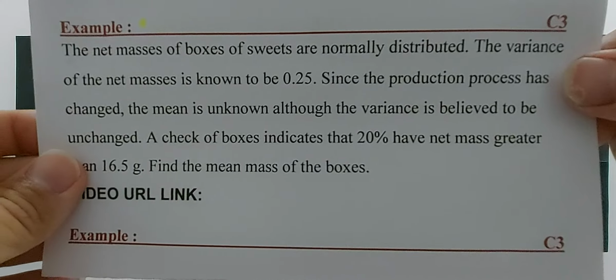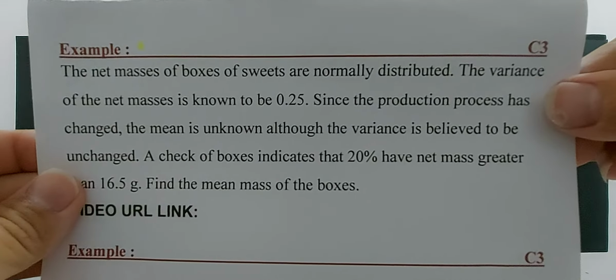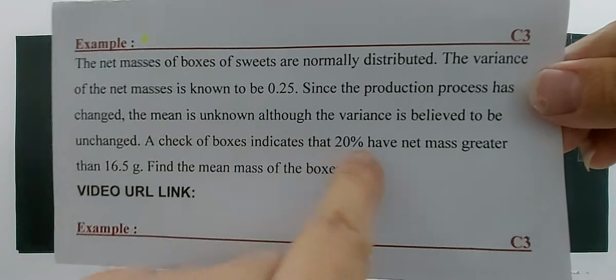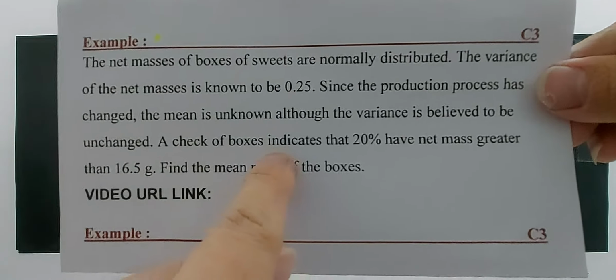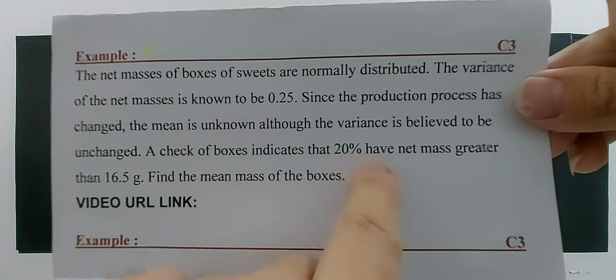A check of the boxes indicates that 20%, this is a very important sentence here, have net mass greater than 16.5.